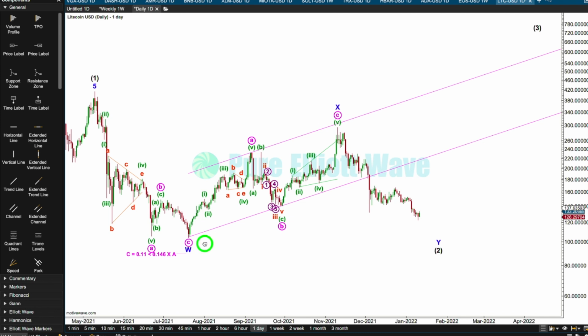If there's a 3 in this direction, and the channel breach indicates that this wave is over, and the next wave of the same or higher degree is underway. If this is a 3, then that's the counter trend direction, which means the direction for Litecoin should still be down. So that's the conclusion from the Elliott wave analysis so far.